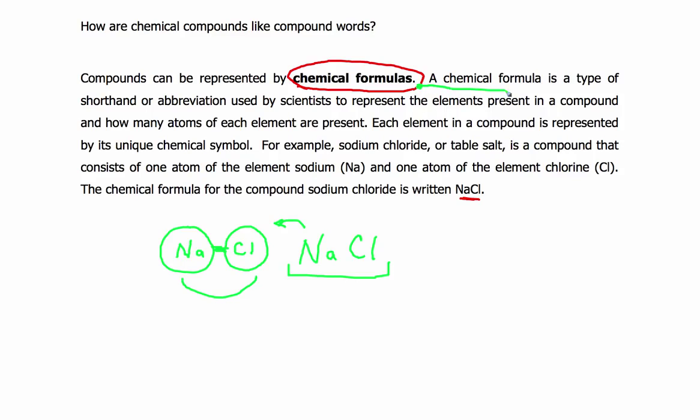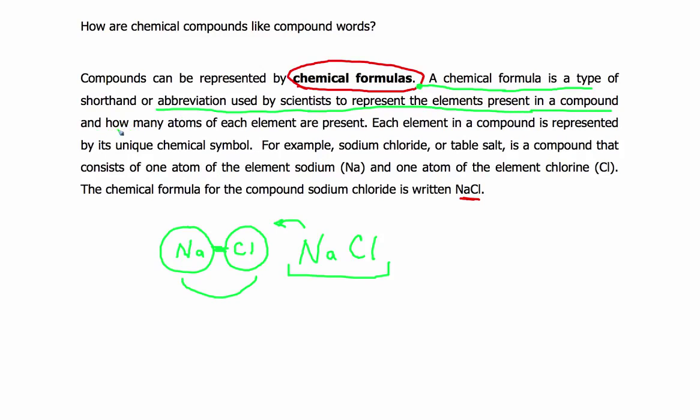A chemical formula is a type of shorthand or abbreviation. Let's just say it's a way that scientists use. So we'll say it's an abbreviation used by scientists to represent the elements present in a compound. Okay?